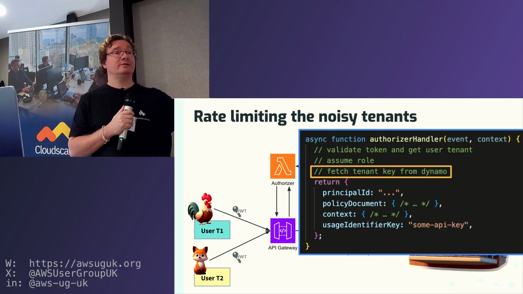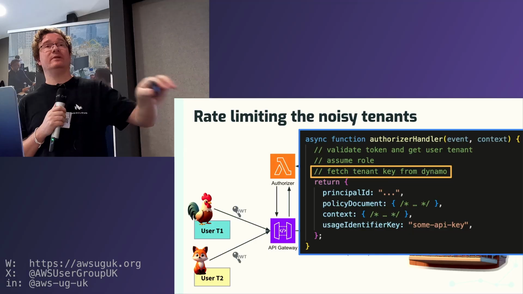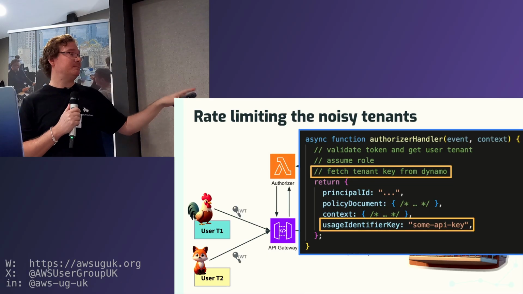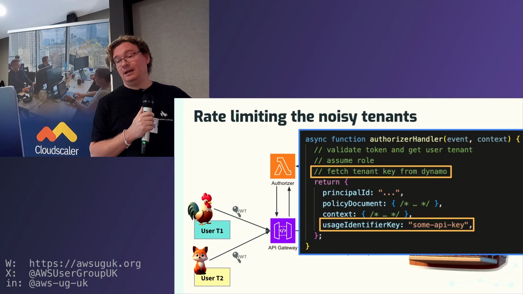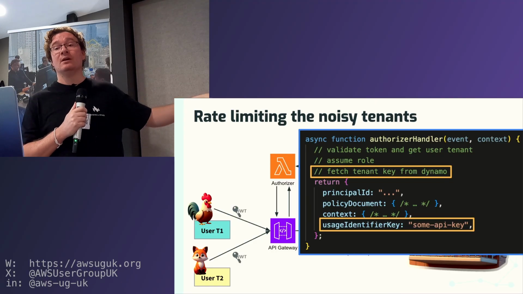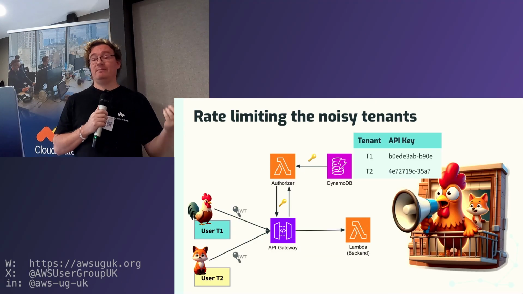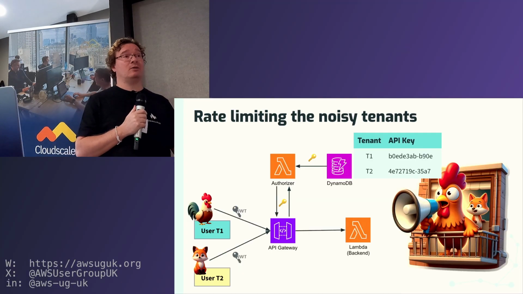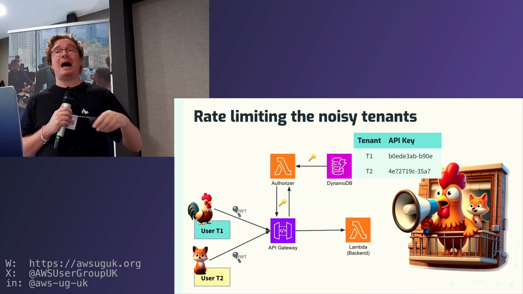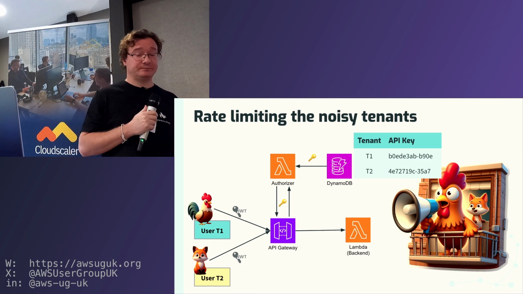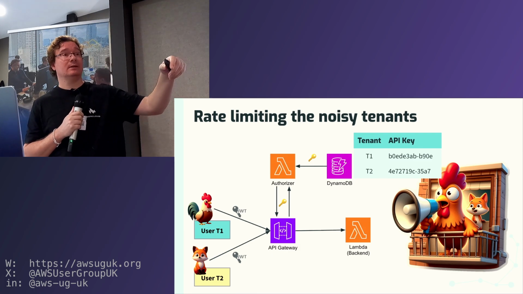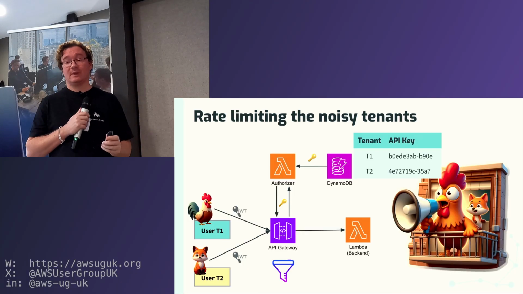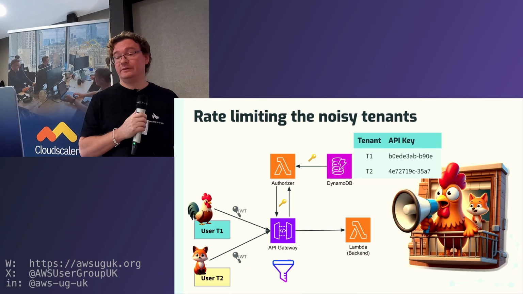One is logic to fetch that key from this new table. And then on the response, we're going to be adding that key, the usage identifier key. By doing that, that key is going to be sent back to API Gateway, and API Gateway is going to control access, applying throttling and usage limits according to that key for us. So it's going to be doing the filtering.